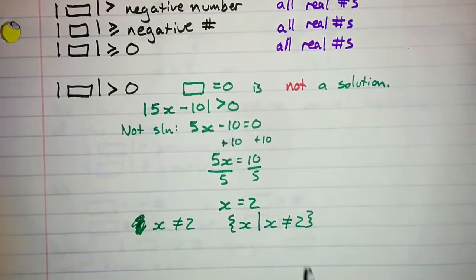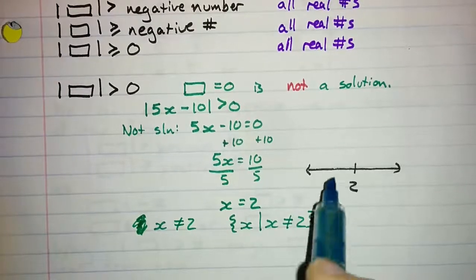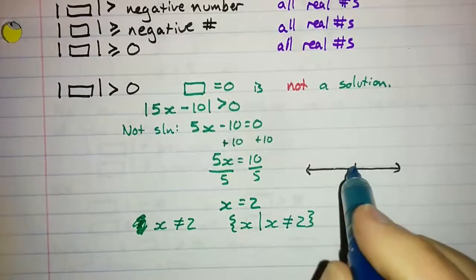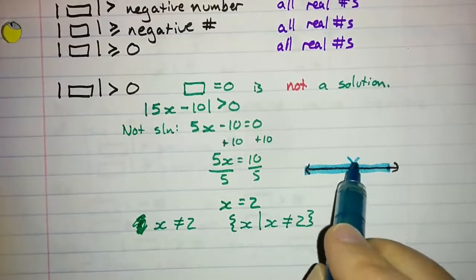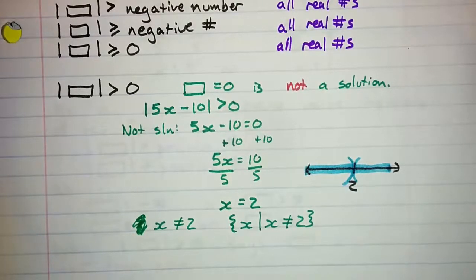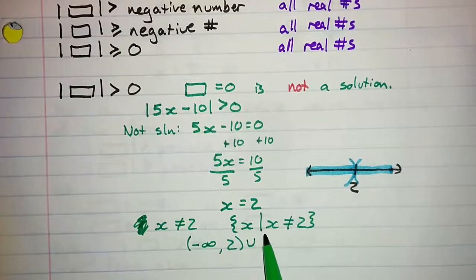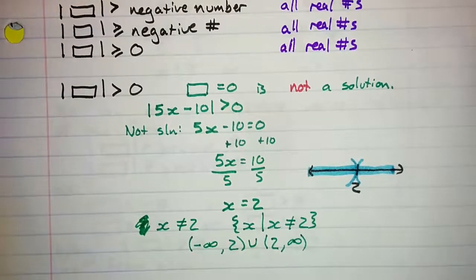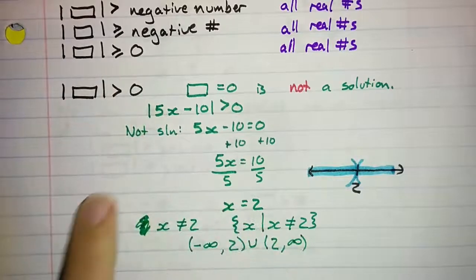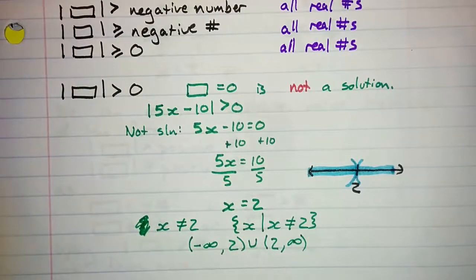On the number line, we want everything to the left of 2 and everything to the right of 2, but not 2 itself. In interval notation, we would write everything smaller than 2, union everything bigger than 2. If this were to come up in a problem, this is how we would write the solution in interval notation.